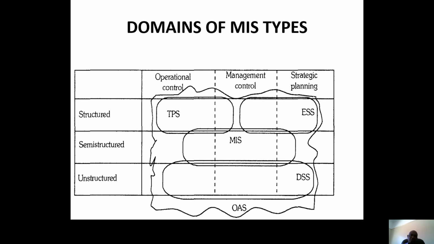So that's how it operates. Understand that diagram, all right? It takes a bit from the TPS, a bit from the decision support system, a bit from the executive. The unstructured decisions are for the top management. The structured decisions are the TPS, transaction processing systems.